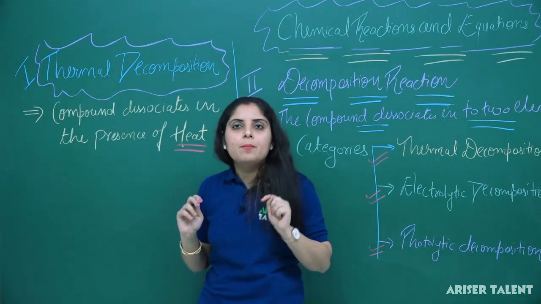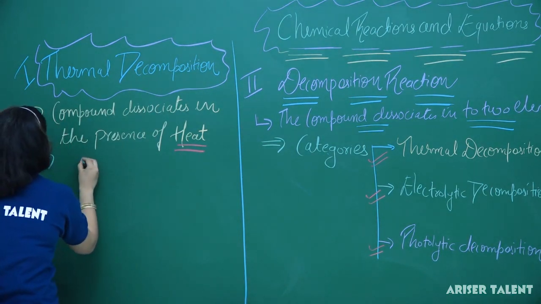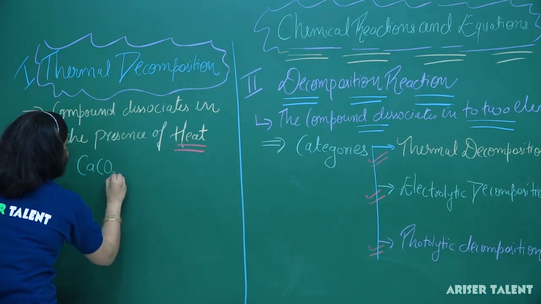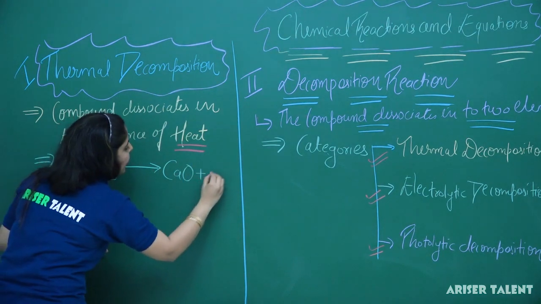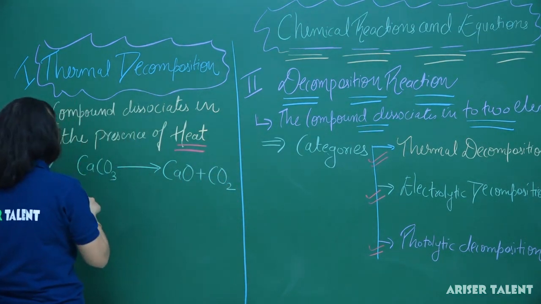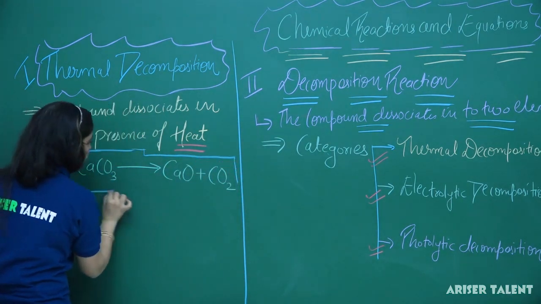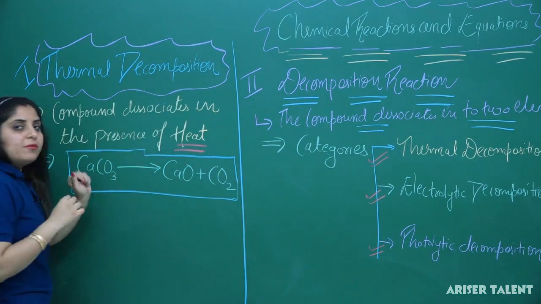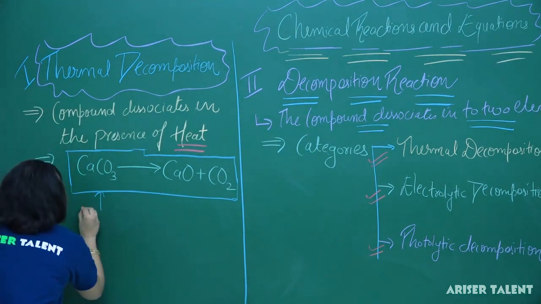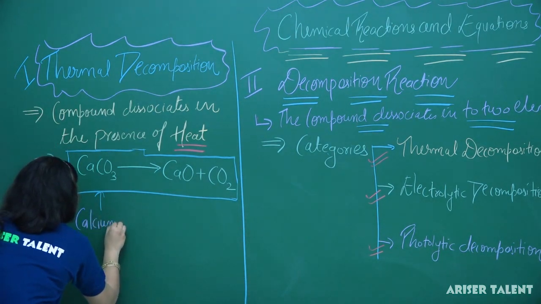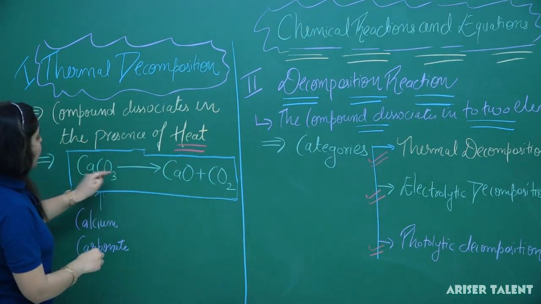Now we will consider an example for thermal decomposition. We have one example here. Suppose we are provided with calcium carbonate and it dissociates into calcium oxide plus carbon dioxide. This is the basic reaction we have. Now what we will see here, CaCO3 is calcium carbonate. What is CaO?